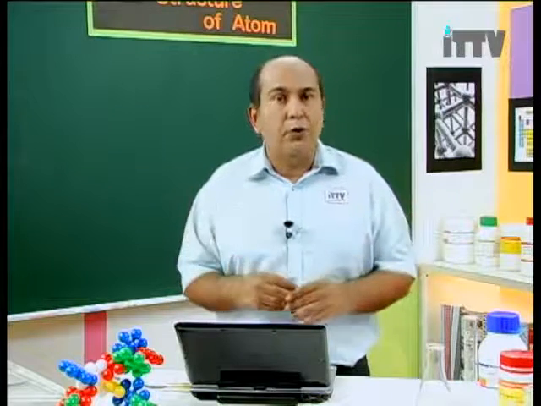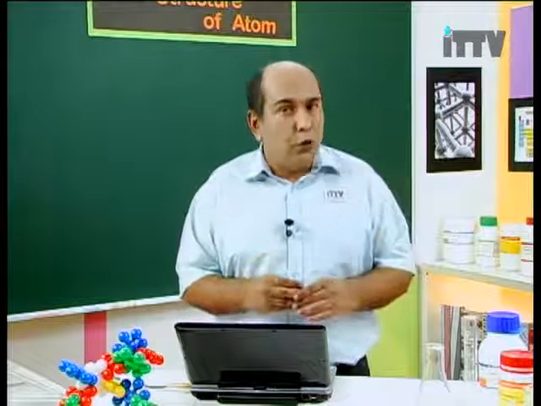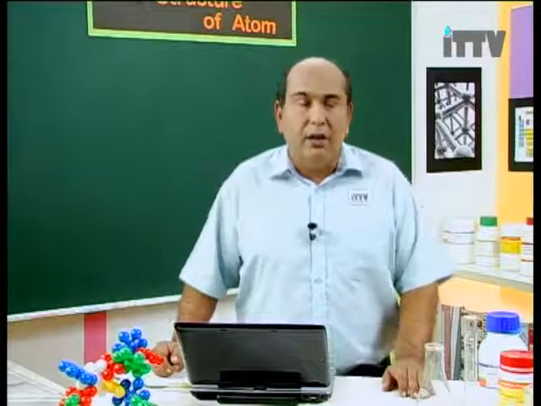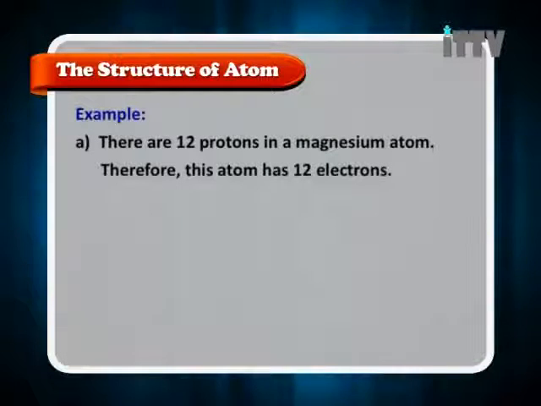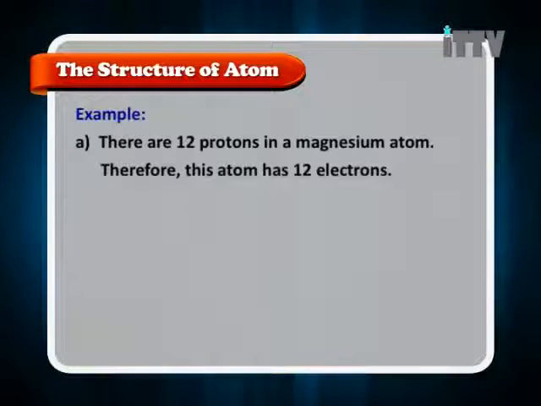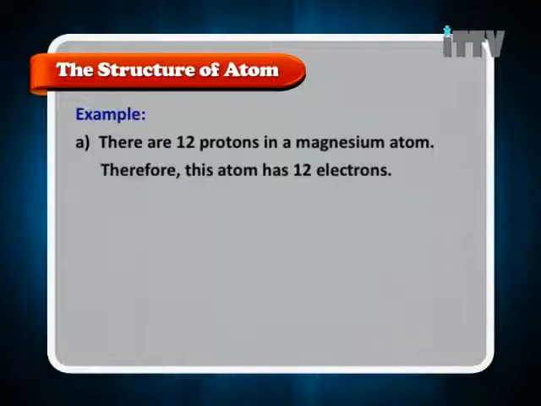Now, because the proton number is the same as the electron number, proton number is also a guide that will help you identify the number of electrons in a neutral atom. Example A. There are 12 protons in a magnesium atom. Therefore, this atom has 12 electrons.